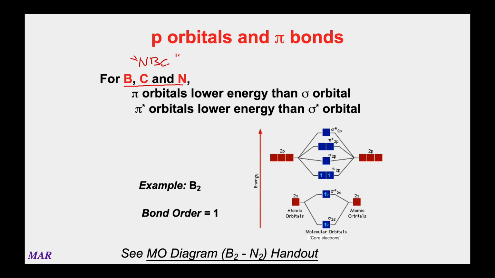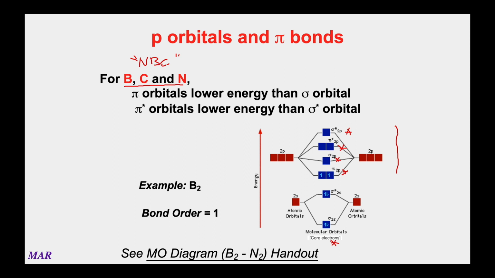If you have a BCN or NBC, notice the picture down here showing the 2p interactions. The 1s's would be down here. They're filled and boring, so not that exciting. And the 2s's, you can see right above it, bonding and anti-bonding are both filled, also not very exciting. The BCN orbitals, the pi's are lowest, followed by the sigma, then the pi star, and then the sigma star.